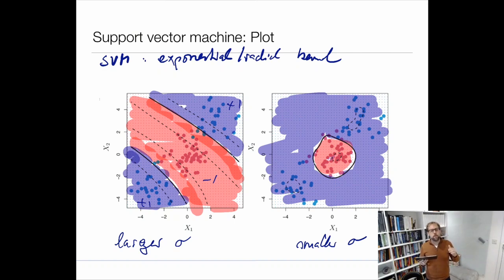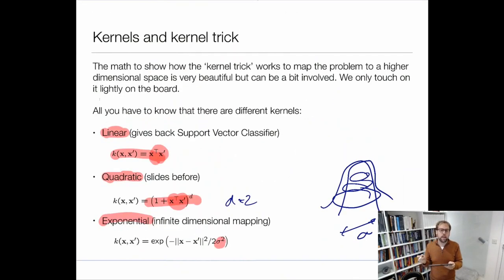Remember, a support vector machine is just a support vector classifier in a higher dimensional space, but this generates a nonlinear decision boundary, and I can again tune the amount of nonlinearity I want through some hyperparameters. The hyperparameter could be, for example, this d here in the quadratic or polynomial kernel.